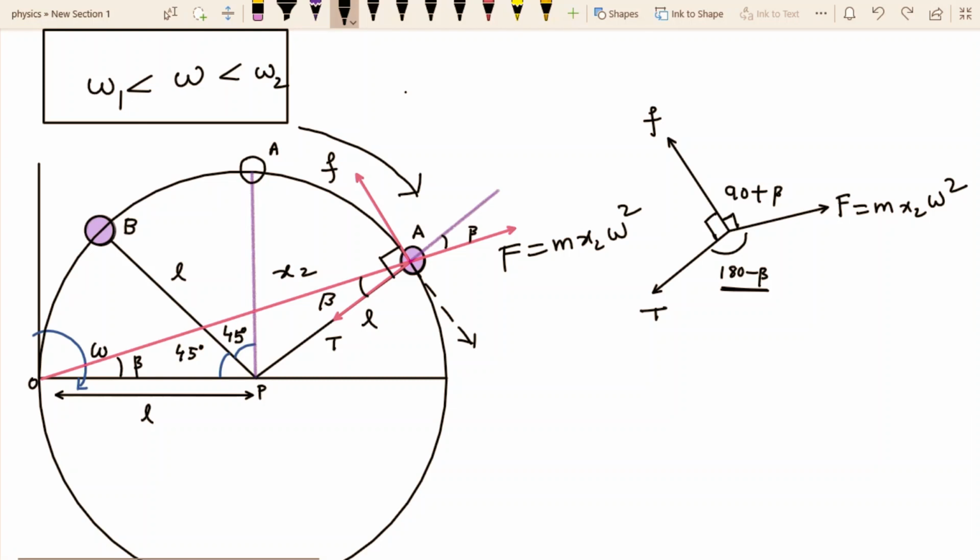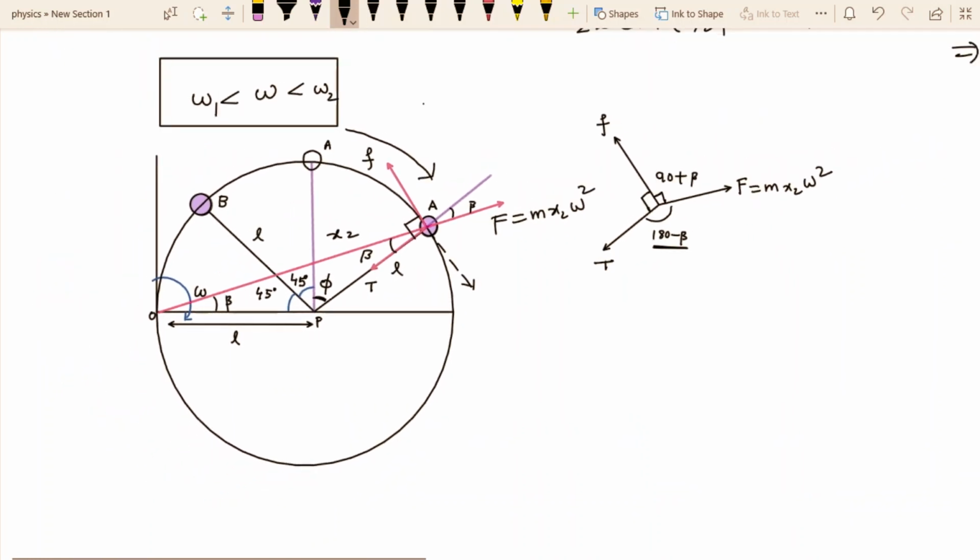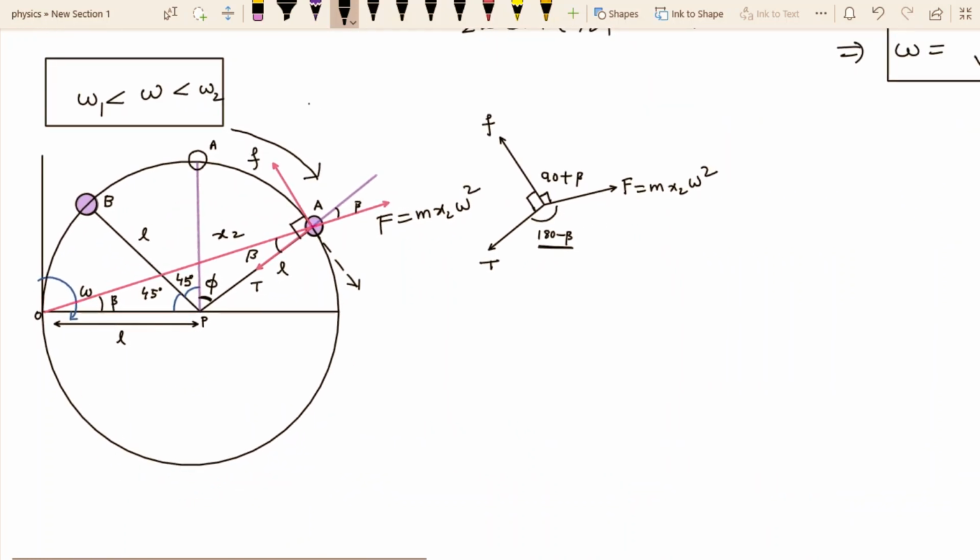But here we need to find out this x2. We still don't know the value of x2, and there is some angle here and we have to find this. Let it be phi. Phi is the angle made by the disk with the vertical AP. Now see here, again we are using the cosine rule for finding this x2. So you already know the cosine rule.